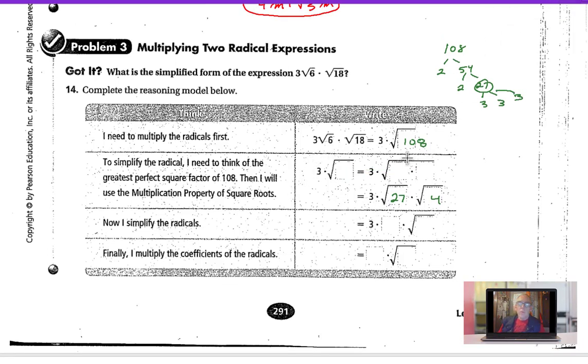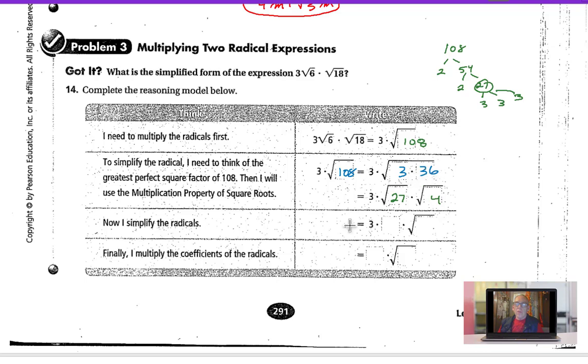Okay, so back up here. I started looking at this wrong. So we want to simplify 3 root 6 times root 18. So that gives us 3 root 108, because we can multiply what's inside the square root together. And 108 is actually 3 times 36.